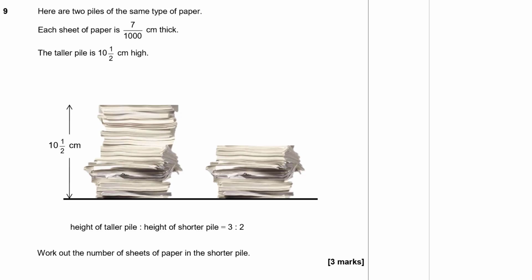Okay, so let's take the ratio first. This is in the ratio of 3 to 2. But the height of the left-hand side is 10.5 centimetres, and we want this number here. So to go from 3 to 10.5, we can divide by 3 and then times by 10.5.